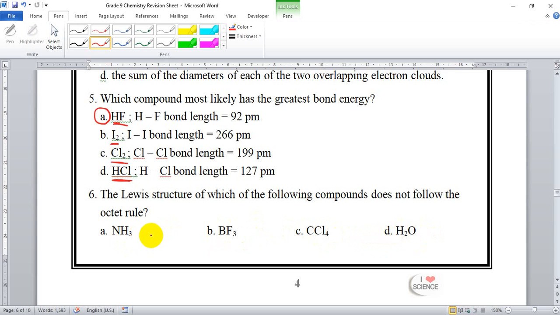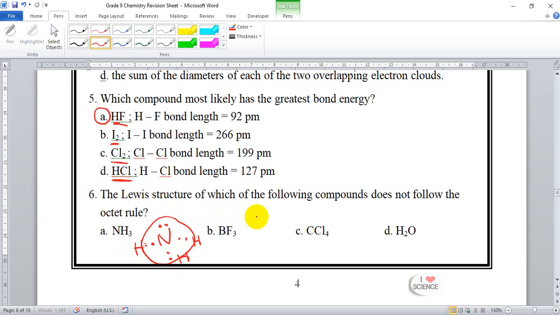We know that N has 5 electrons, so it will share with 3 atoms of hydrogen, forming an octet of 8.